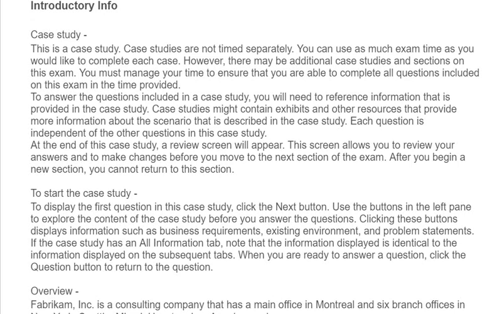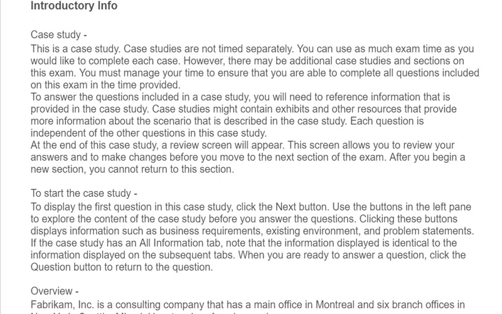To start the case study, to display the first question in this case study, click the Next button. Use the buttons in the left pane to explore the content of the case study before you answer the questions. Clicking these buttons displays information such as business requirements, existing environment, and problem statements.